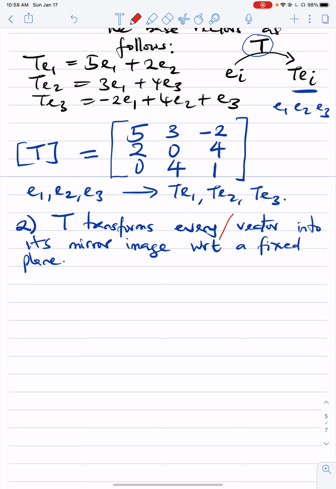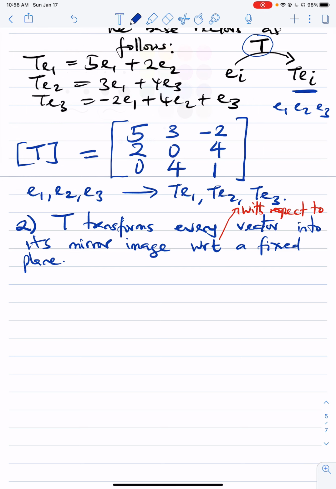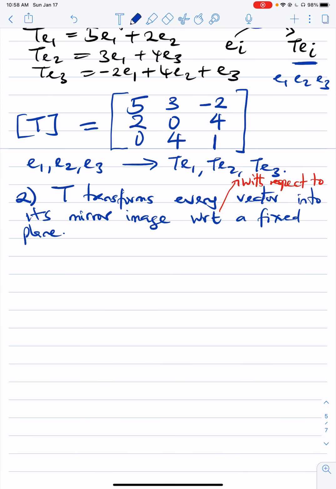Just in case someone watches this later and is not sure, T transforms every vector with respect to a fixed plane.